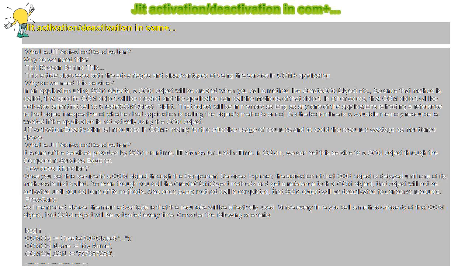So the bottom line is a valuable memory resource is wasted if the application is not actively using the COM object. JIT activation/deactivation is introduced in COM+ mainly for the effective usage of resources and to avoid the resource wastage as mentioned above.